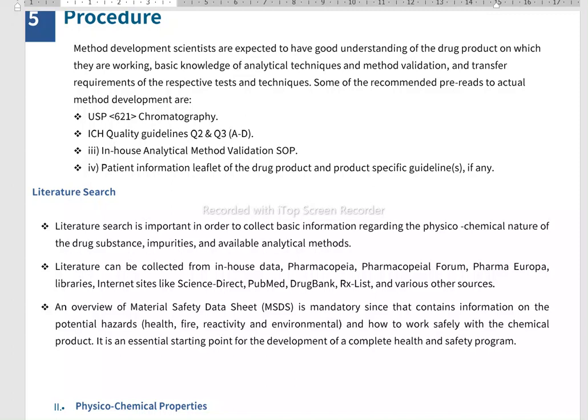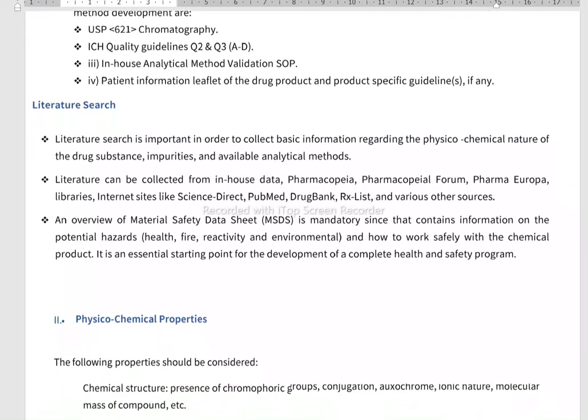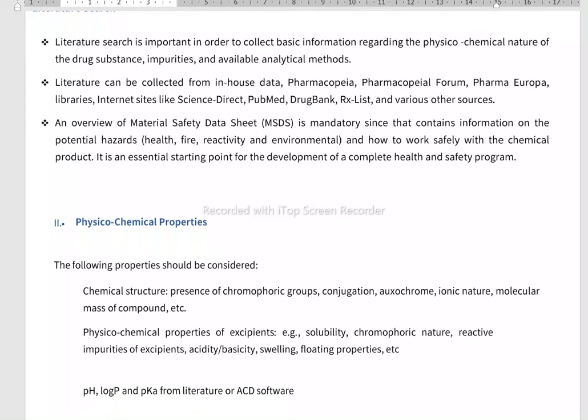So what should you search for during the literature search of your drug product or drug substance? Here is a list. You have to find these properties of your product, which will help you during the method development procedure. The first one is the physicochemical property.